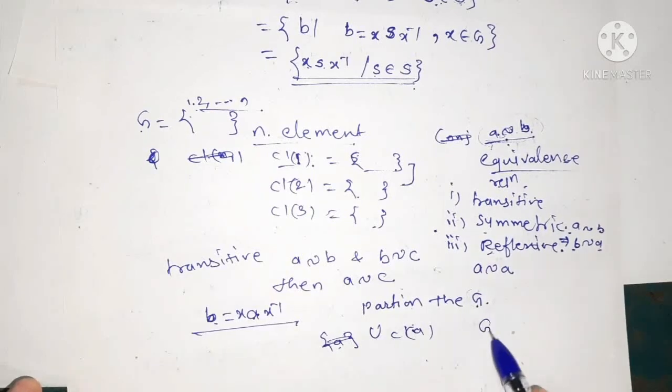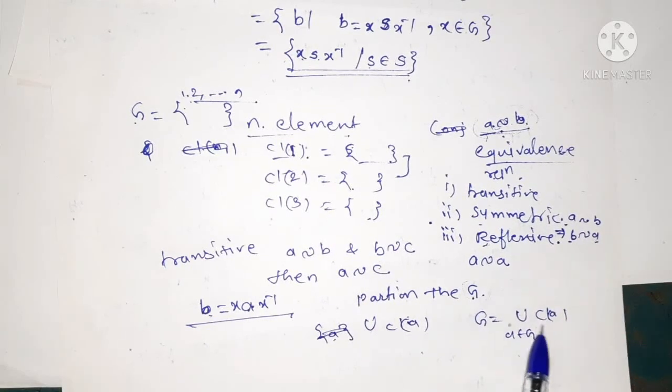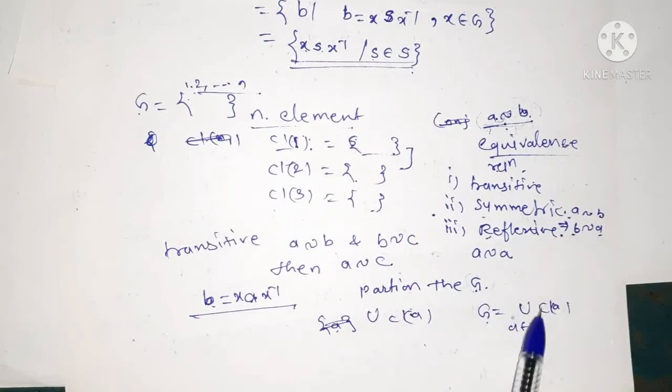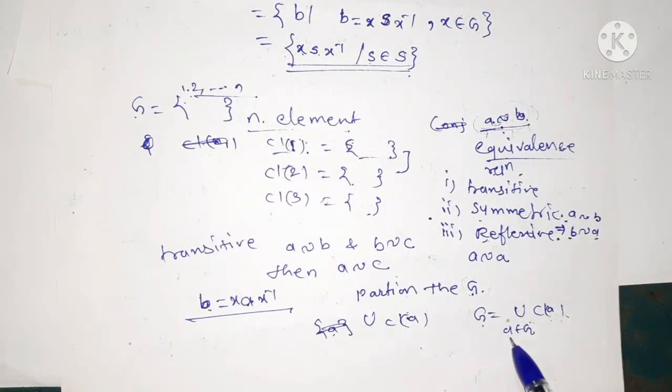That is, G can be written as the union of the classes C of A, where A belongs to G.